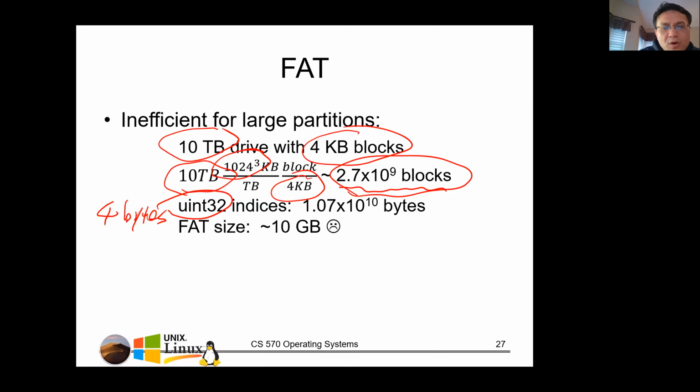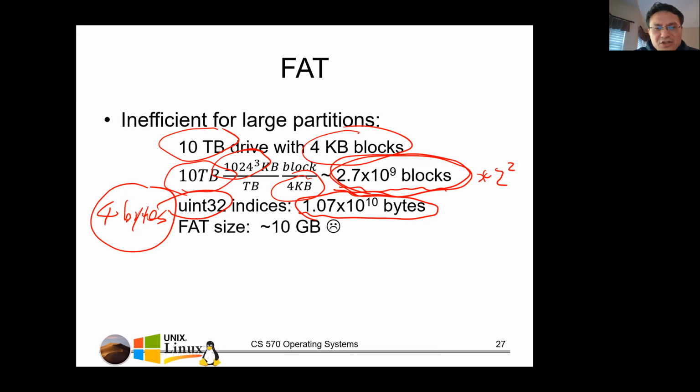What would be the overall size just for remembering all the pointers to the blocks? It would be this number of blocks times 4. 4 is 2 to the power of 2. Then you will get essentially this number. So this would be the size of a FAT table.